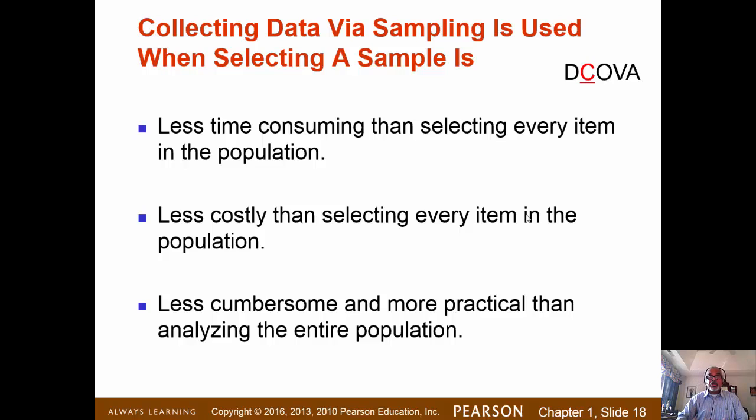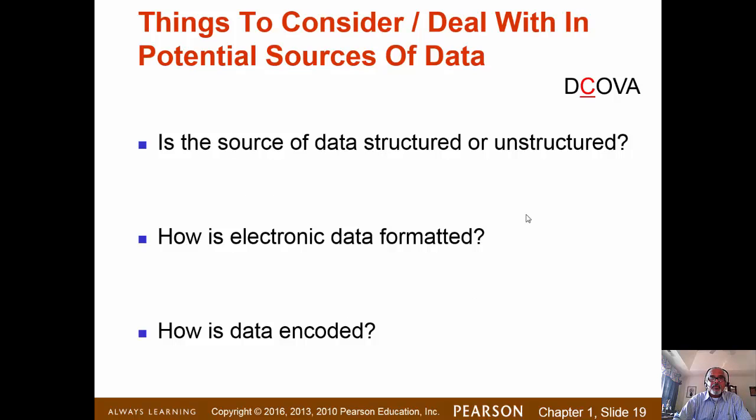So they have to rely on some statistical techniques to project those individuals who are not captured by the census. So oftentimes measuring the entire population may be impossible too, let alone being time consuming, costly, and cumbersome.